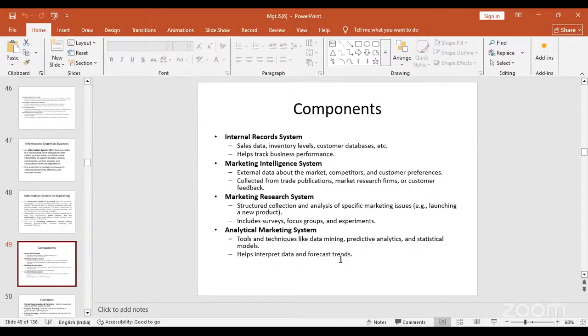Then the research system, that is surveying to take the data, focus groups, targeted groups to be focused. That data is also one part of the marketing information system. And after that, you find some sort of analytical marketing systems which help to interpret the data and forecast the trends towards decision making.